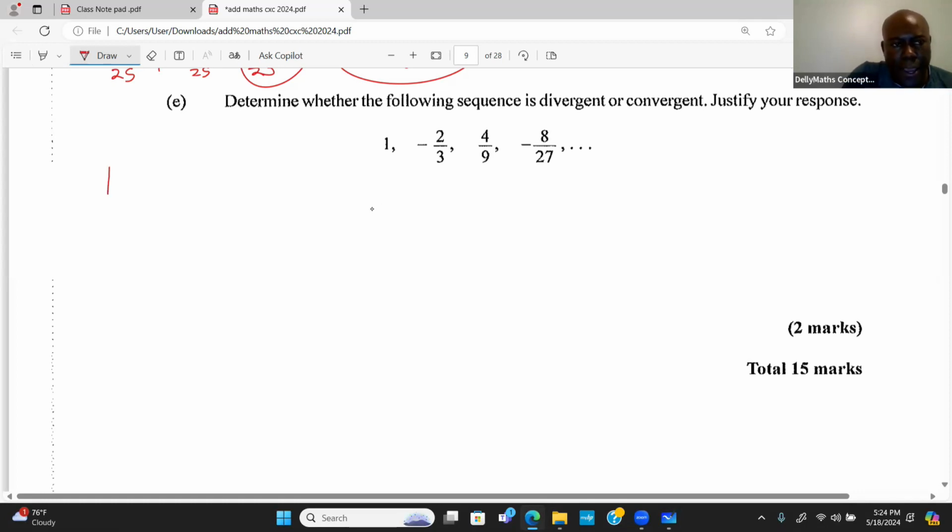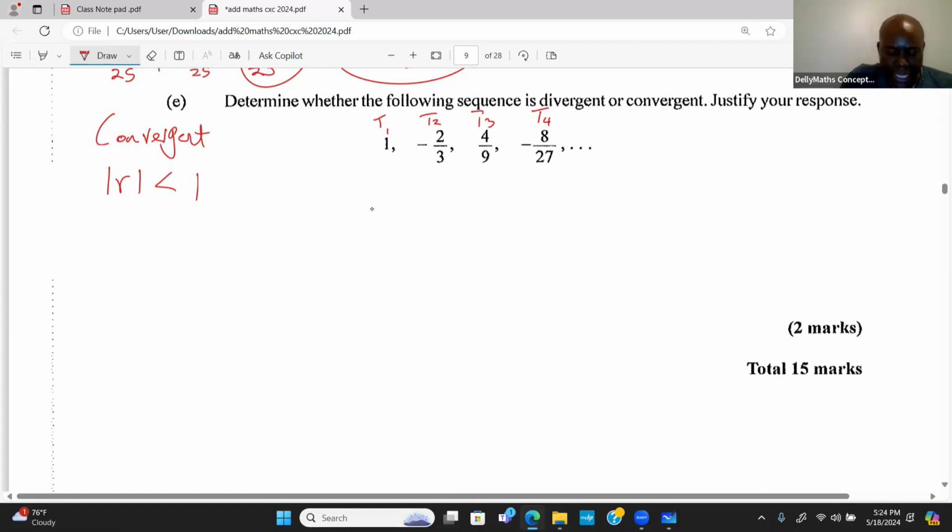But what we're saying here is, if the modulus of r is less than 1, we classify it as convergent. So it is always convergent when the modulus is less than 1. You could take the terms and call them term 1, term 2, term 3, term 4.